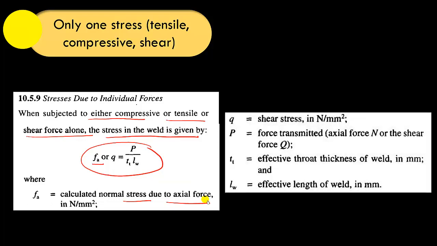P is the force that is transmitted, and t_t, as I said in the previous videos also, is the effective throat thickness, often written as K times the weld size, where K is a constant that depends upon the angle between the fusion faces. l_w is the effective length of the weld, in millimeter, and q is the shear stress in Newton per millimeter square.